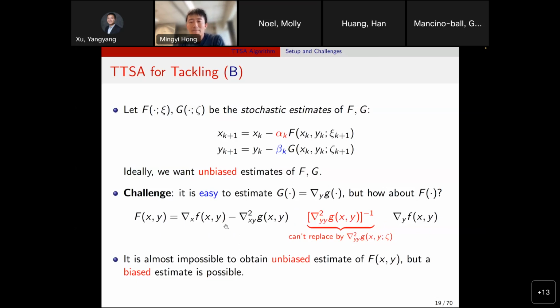Make sense? So it's almost impossible to obtain an unbiased estimator for this function, the operator or the function f. But then the question is, so how should we proceed? We cannot apply the classical TTSA.